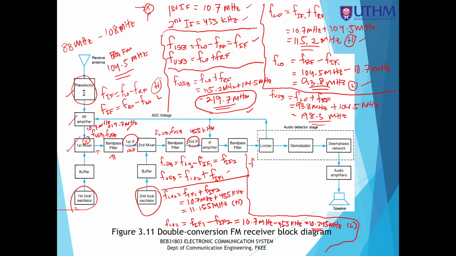So FUSB using high side injection is equal to FLO2 plus FIF2.